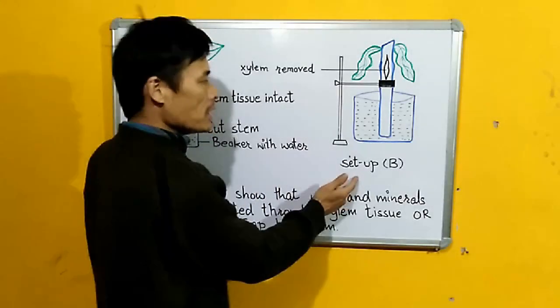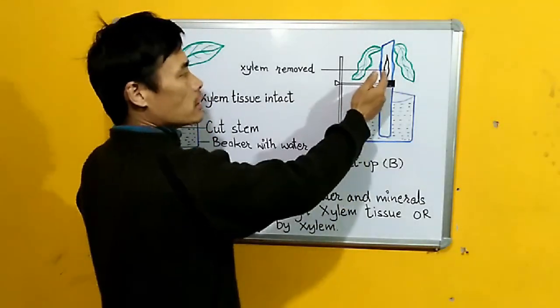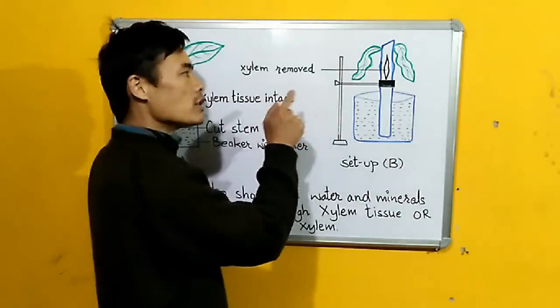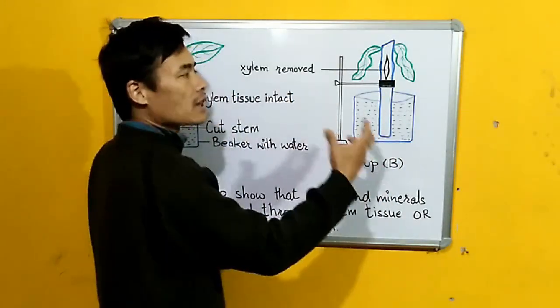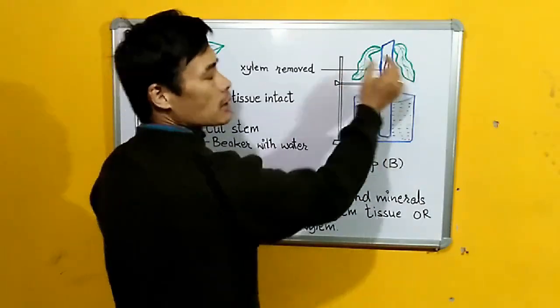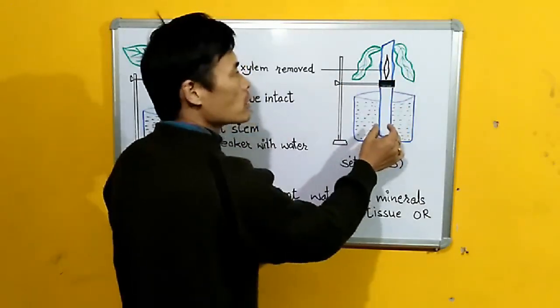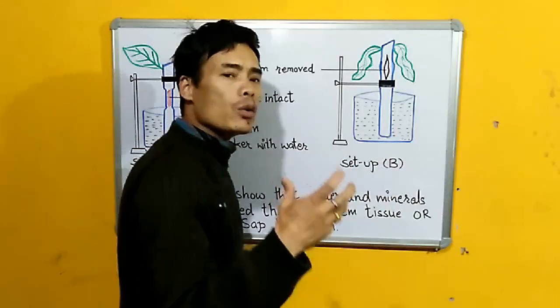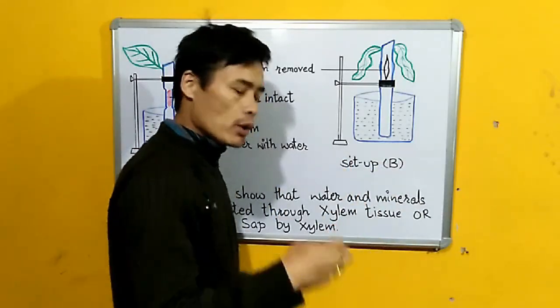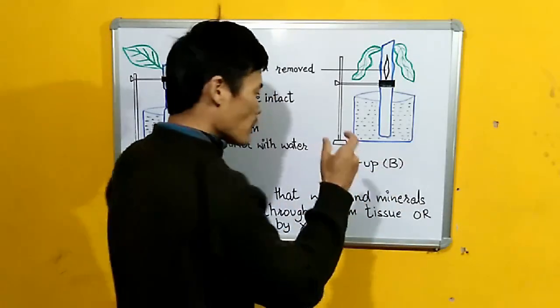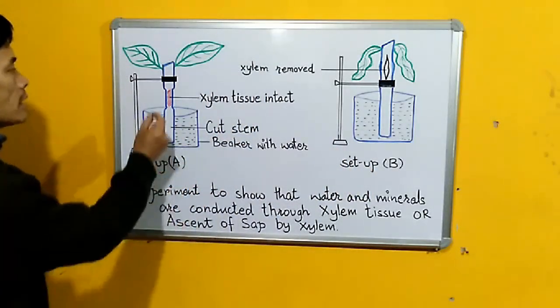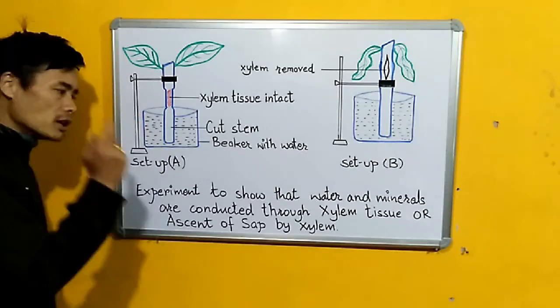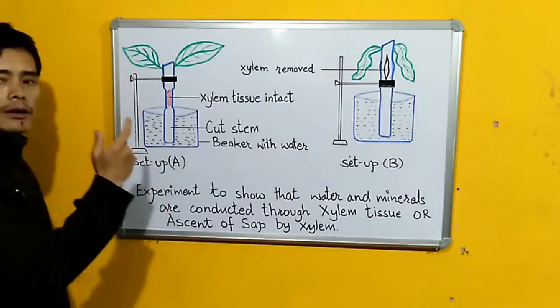However, in setup B, since xylem has been removed from this cut shoot, after a period of time, the leaves present on this cut shoot will begin to wilt or undergo limping. So from these two setups, we can easily conclude that xylem is the conducting tissue in plants.